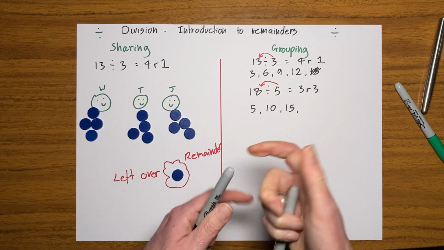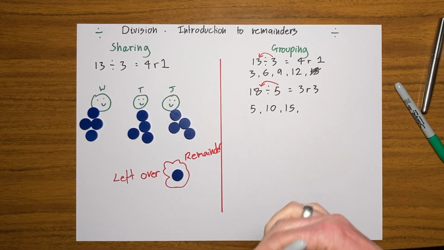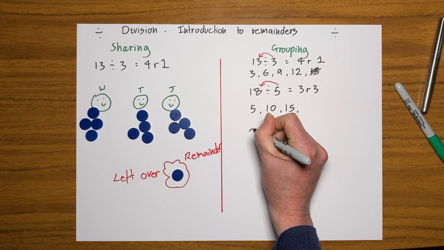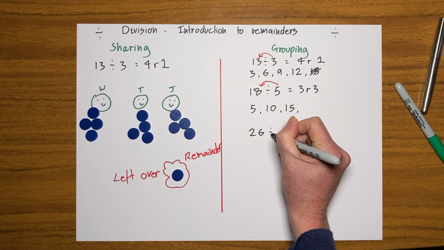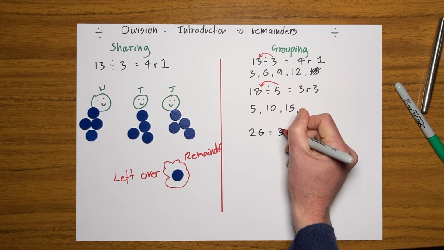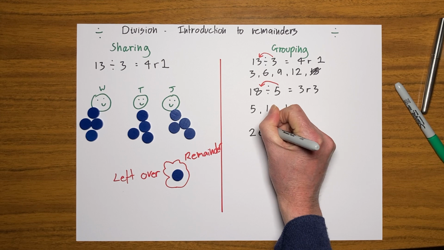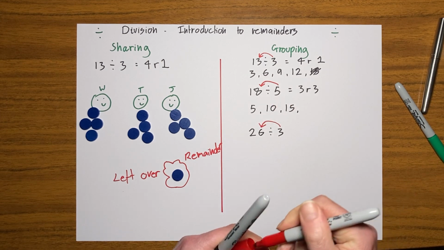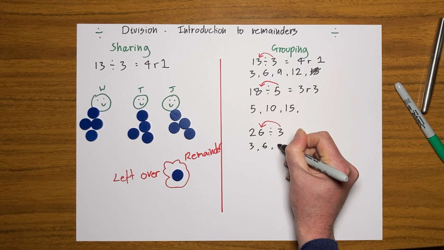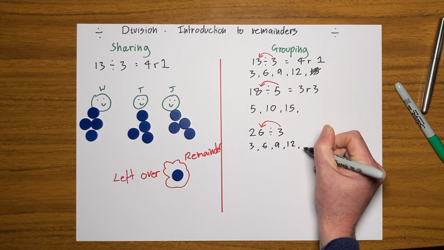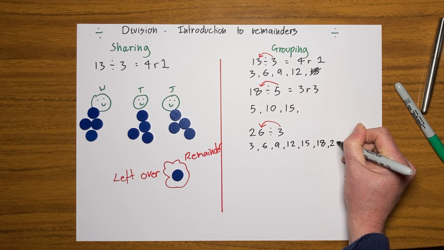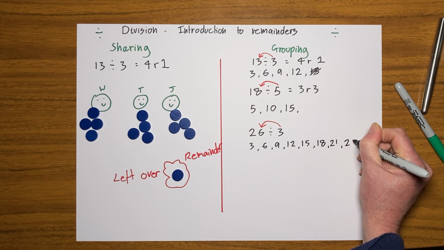Let me do another couple for you. Let's go 26 divided by 3. So again, I'm going to say how many groups of 3 are there in 26? Let's count them up. 3, 6, 9, 12, 15, 18, 21, 24.